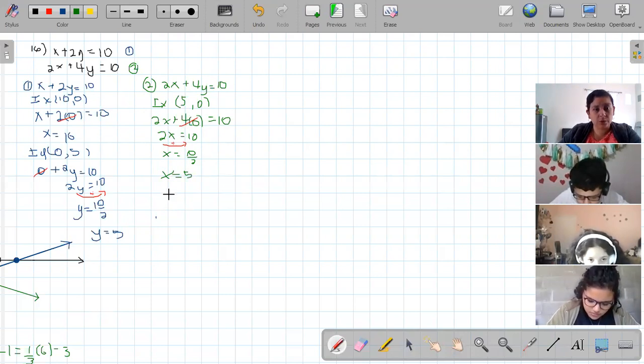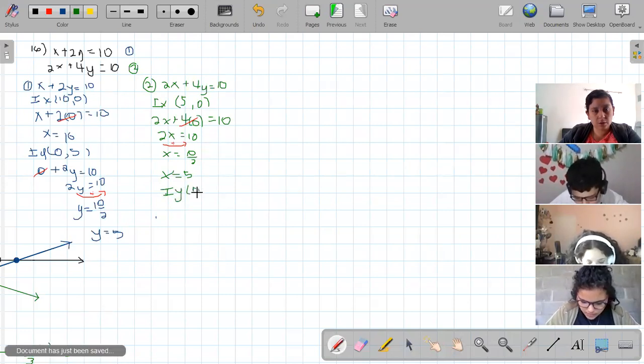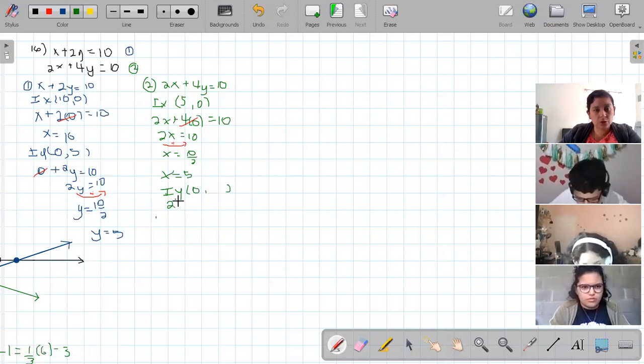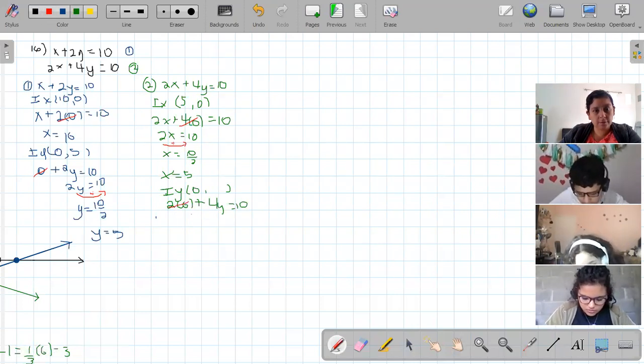Let's do the other one, the last one, the intercept in y. This is (0, something). So we got 2 times 0 plus 4y equals 10. 2 times 0 is 0. I have 4y equals 10. 4 is multiplying, passes dividing.